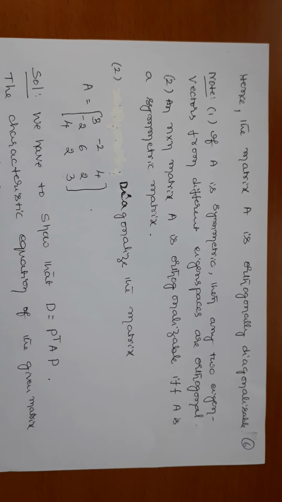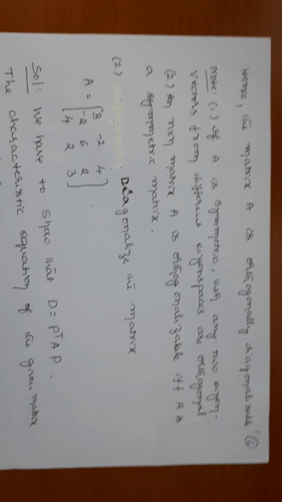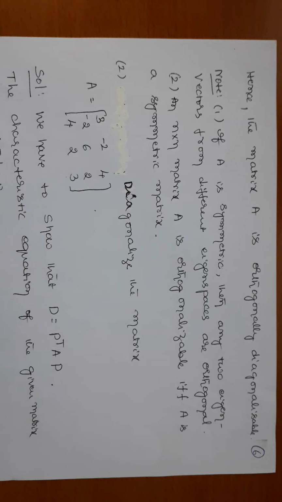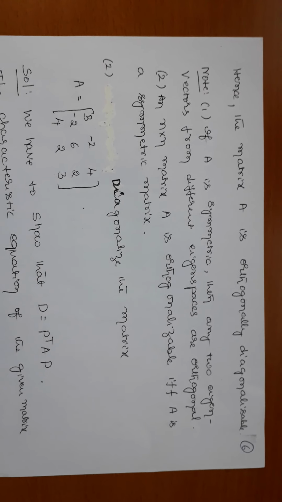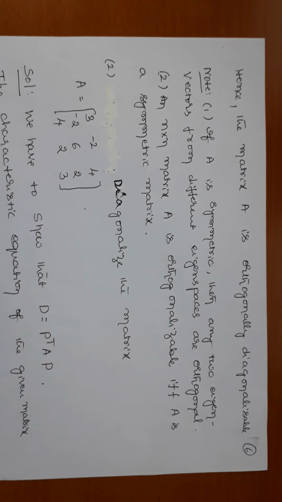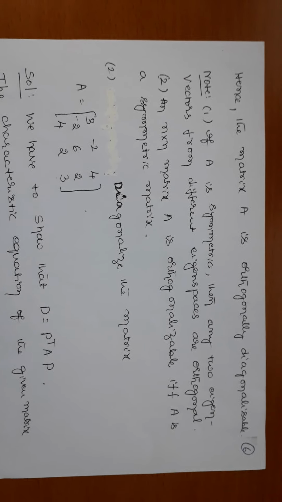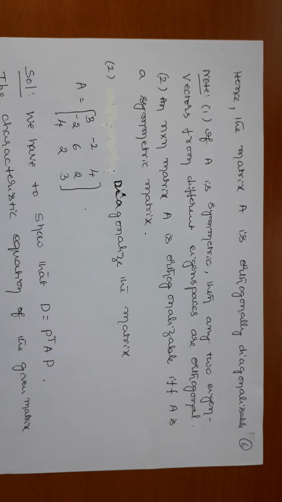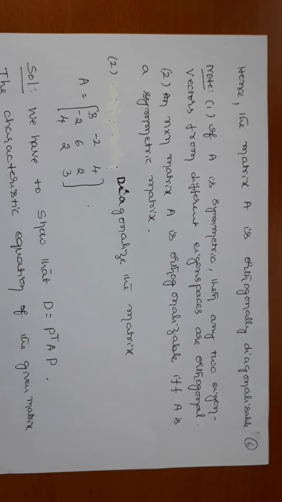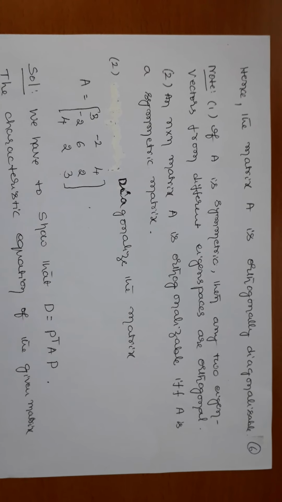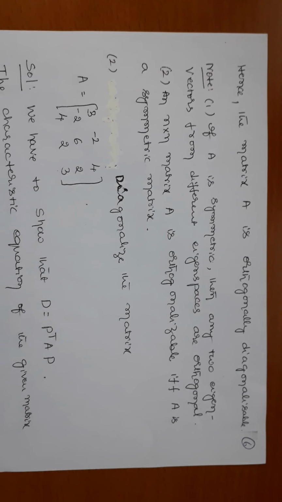Find the inner product of all the eigenvectors; if it gives 0, then we say they are orthogonal. Once they are orthogonal, we take the normalization of each vector, which forms the columns of P. From that, we find D, which is P transpose times the given matrix times P. Why are you taking P transpose here?